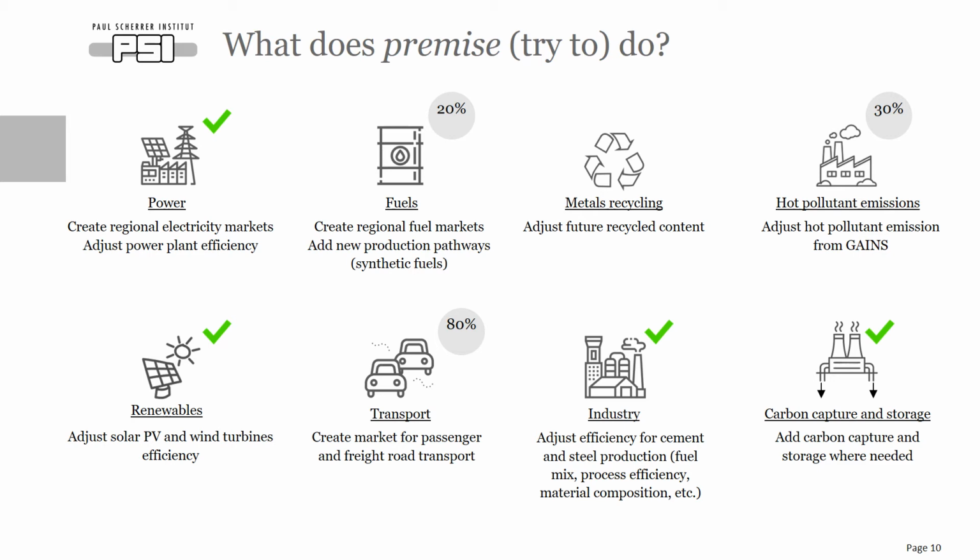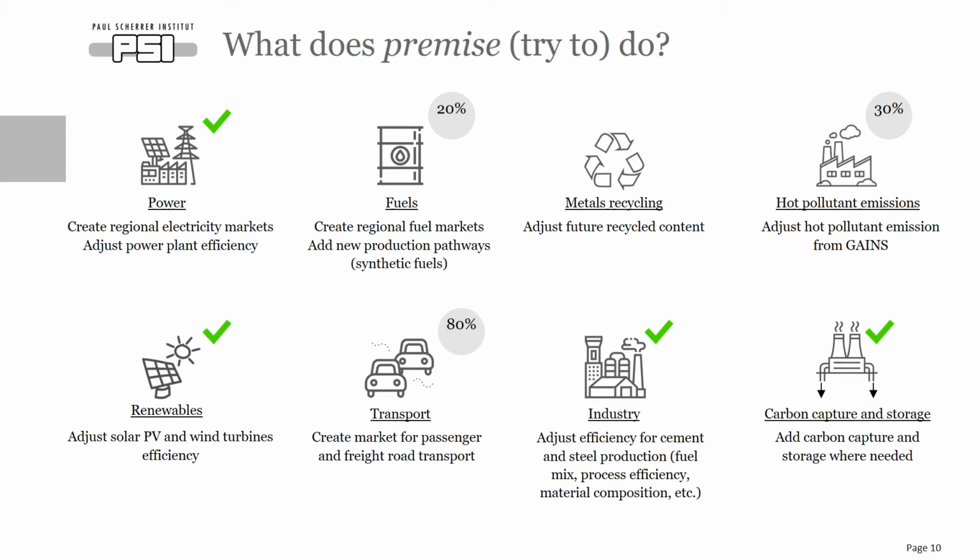Another thing Premise does now is to adjust the efficiency of certain industrial processes. This is notably the case for cement, where we will adjust the clinker production energy efficiency. We will adjust the fuel mix that will be used in the future, and we will also adjust the clinker to cement ratio in different parts of the world.